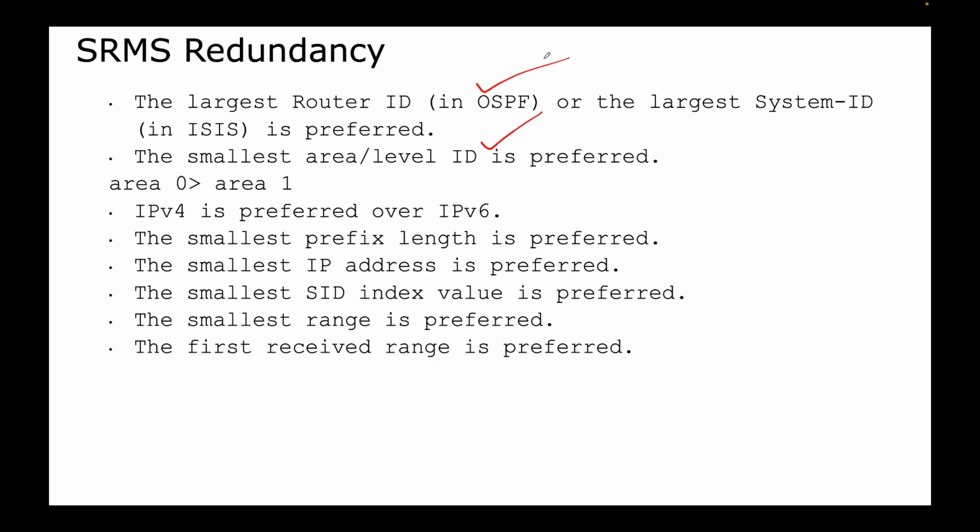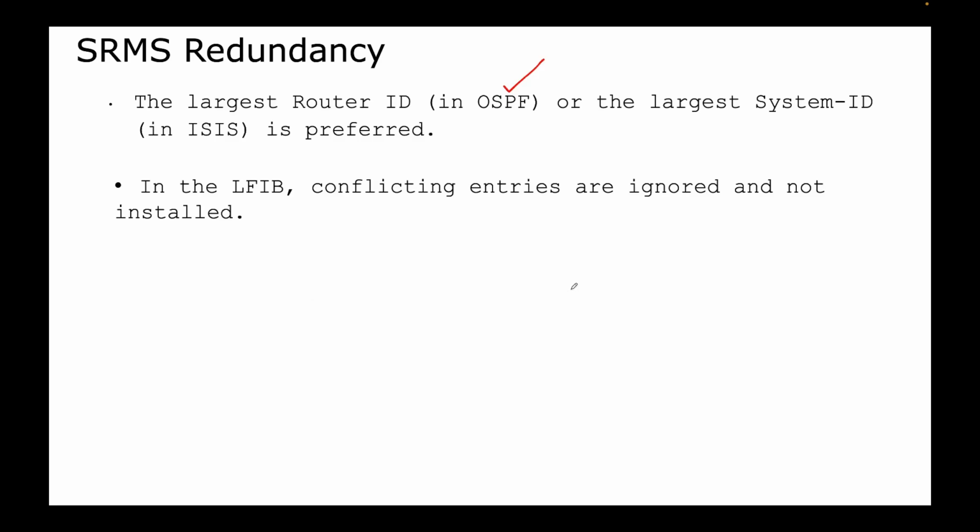If you see the criteria which was mentioned in the older documentation, these entries are talking about the conflict entries. But in the recent version, if there is a conflict, then don't install those prefixes into the routing table. So these two things you need to remember while configuring the SRMS redundancy.